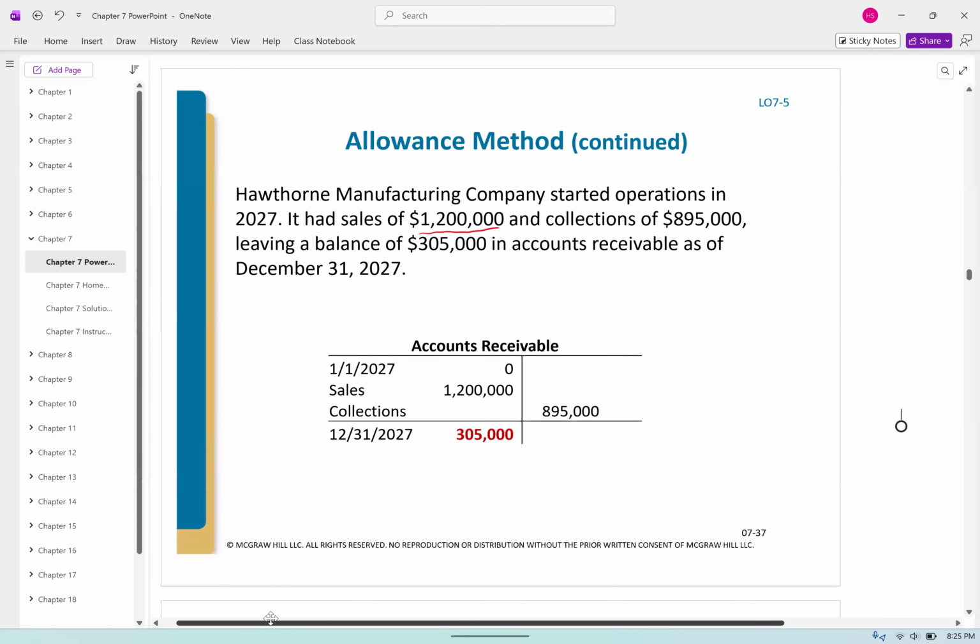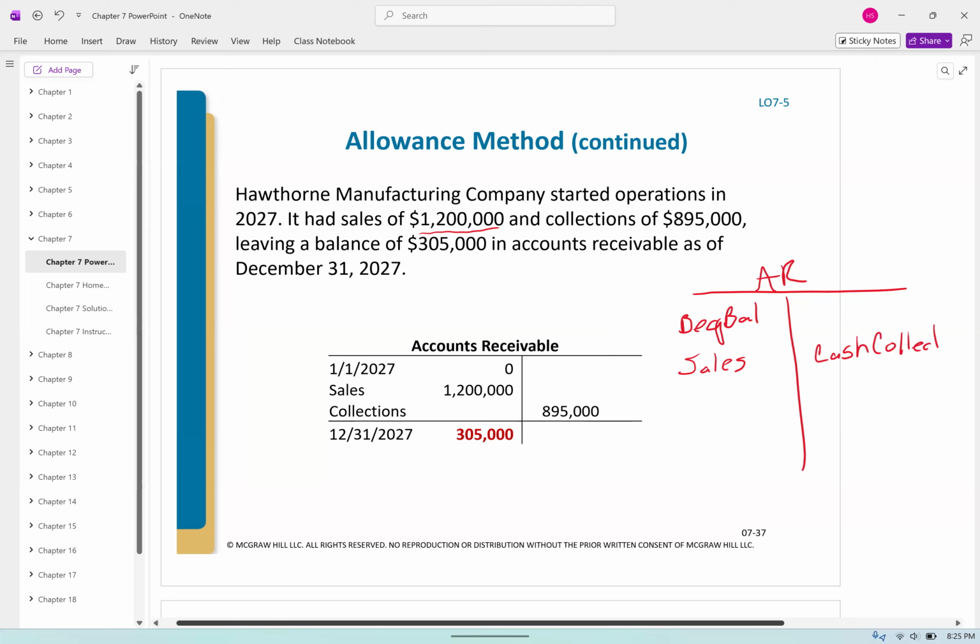2027. Okay. I like to sometimes draw the T accounts out with words, okay? Because the numbers just get all jumbled together sometimes. Any new sales is going to be debited to accounts receivable. Cash collections is over on the credit side, and then we would have an ending balance. This account should not flip to the other side. It is an asset.